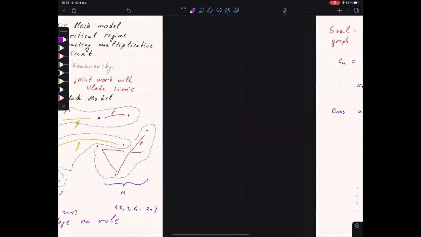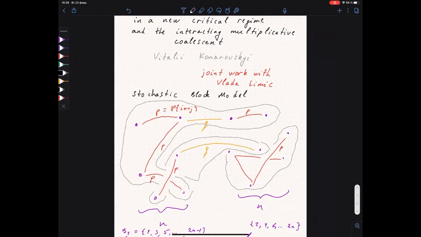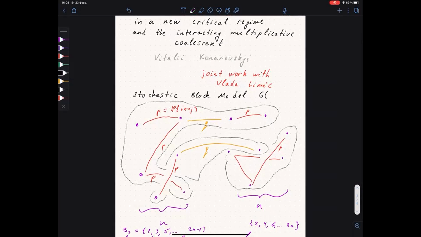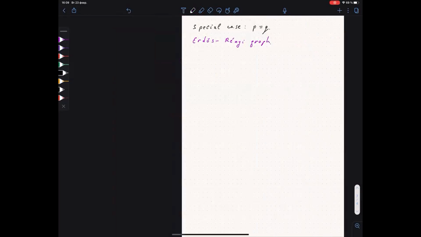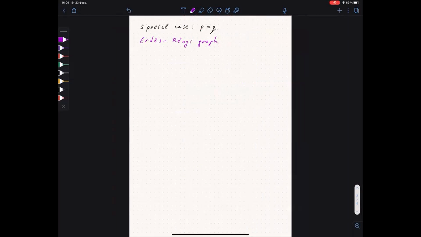By the way, I didn't say that sometimes we denote that graph like Jn. It means that every group has n vertices, p is the probability of appearing of edges inside one group, and q between different groups of vertices. In the Erdos-Renyi case, we have 2n vertices, and the probability of appearing of all edges is p.